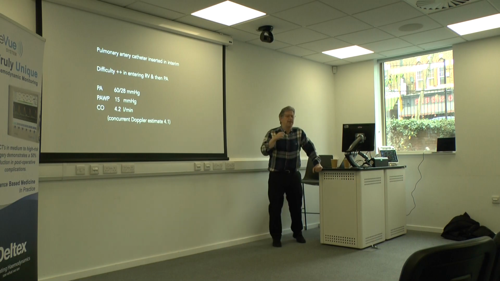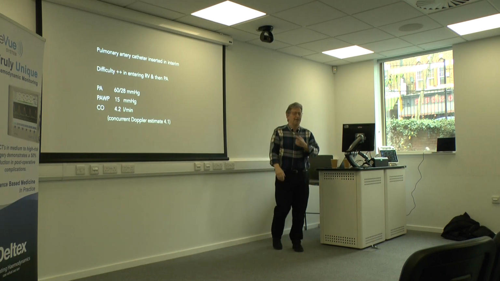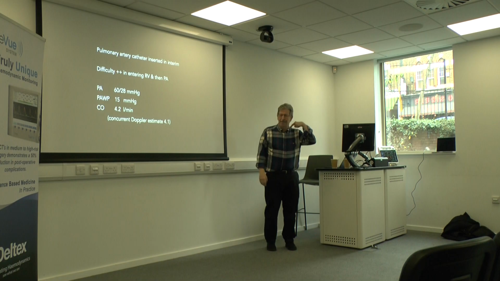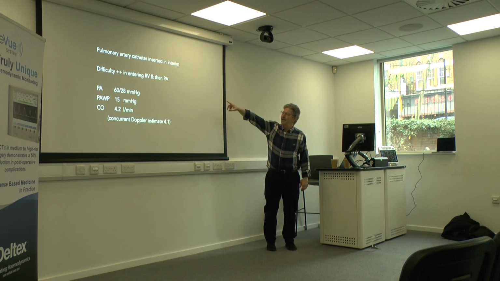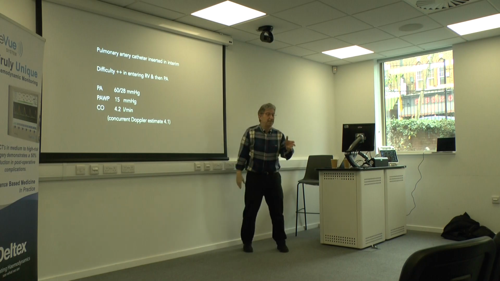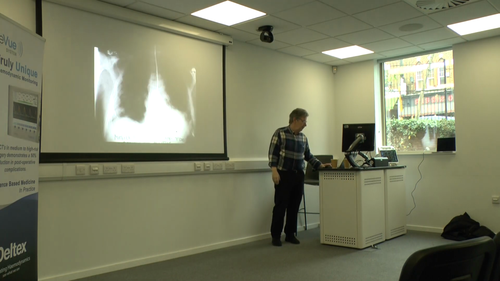I thought it would be useful to have a PA catheter, and it took me ages to put the damn thing in. You'll see why, because I did a left neck approach, as he had the central line on the right. The PA pressures at the time showed very high PA pressures, and the cardiac output married up quite well.